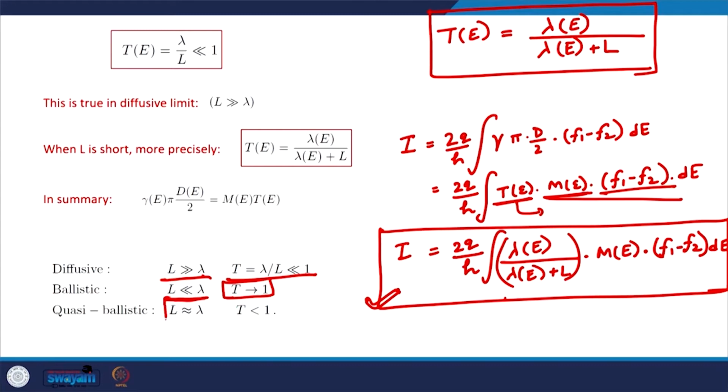And in the quasi ballistic case, when L is almost equal to lambda, T is less than 1, but it is not very small, it is around 1, but not exactly equal to 1, because sometimes in the quasi ballistic case the electron might get scattered in the channel, and sometimes it might not get scattered.